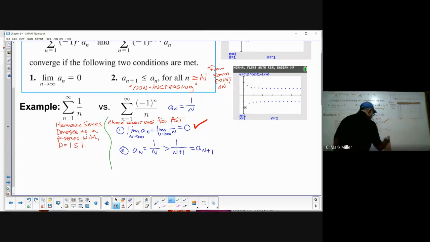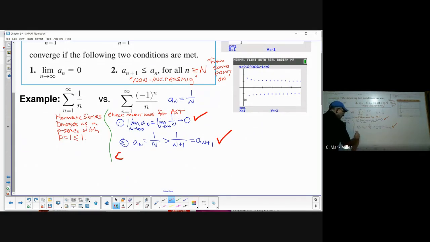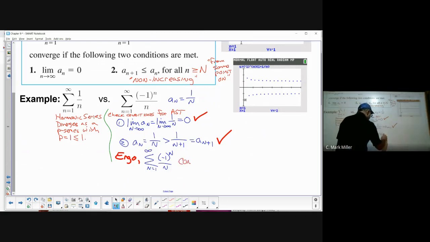That's the second condition. Check. Ergo, the sum from n equals 1 to infinity of minus 1 to the n over n converges by the AST.